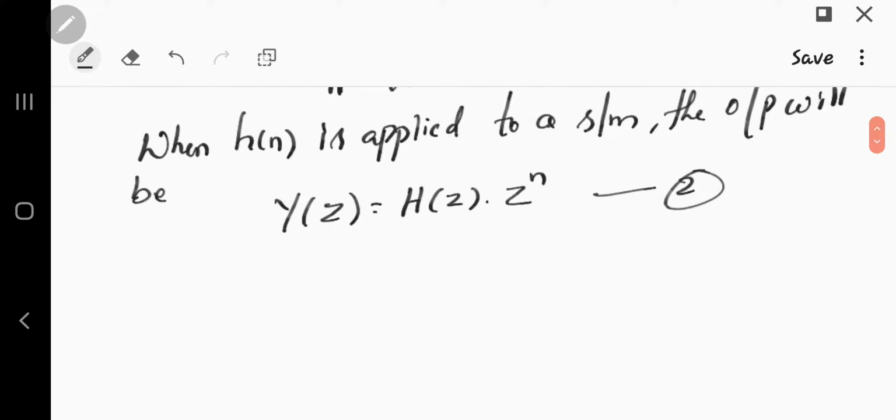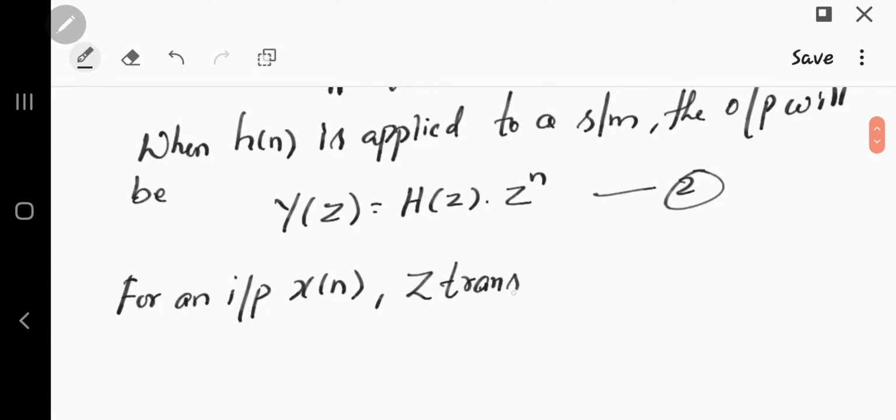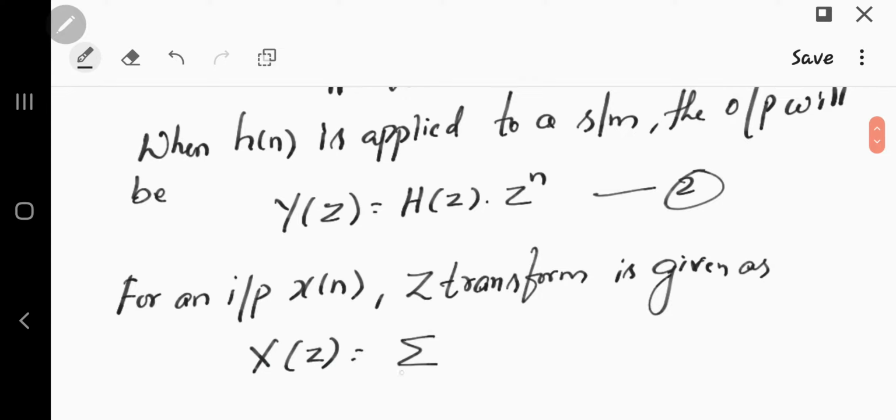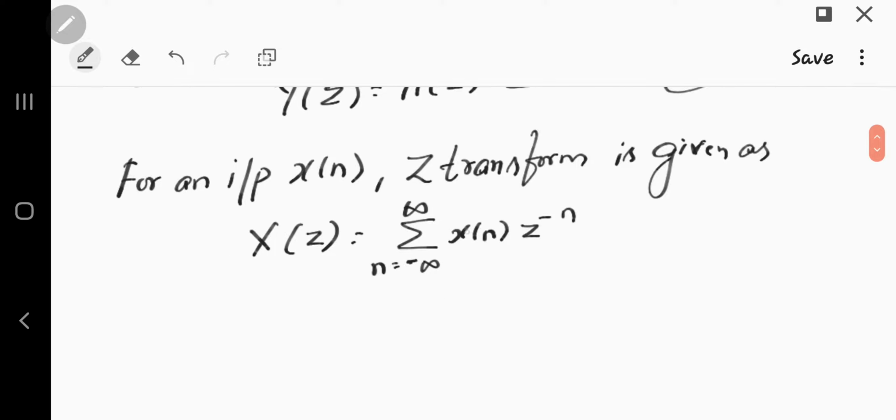Now if we consider the same thing for an input x of n, the Z transform is given as X of z equals summation n varying from minus infinity to plus infinity x of n z to the power of minus n.